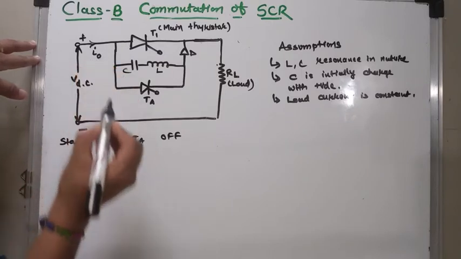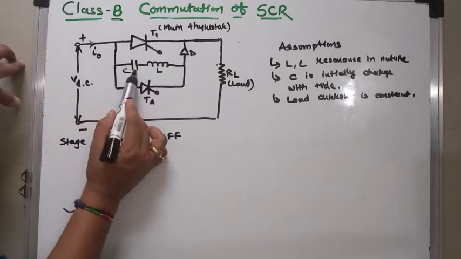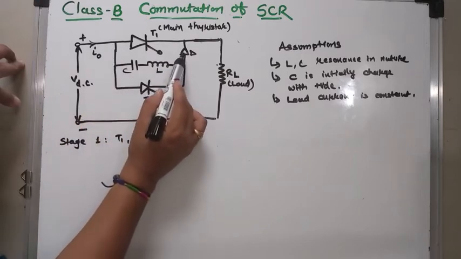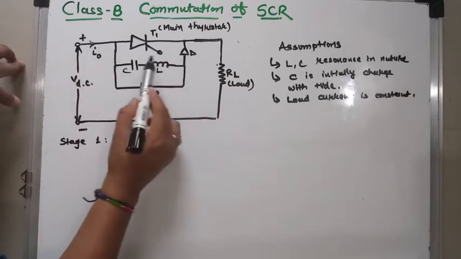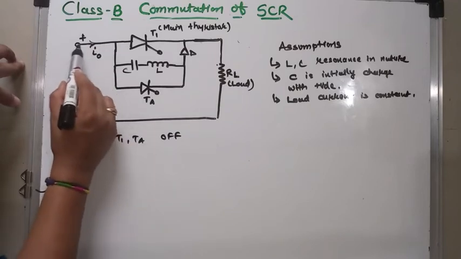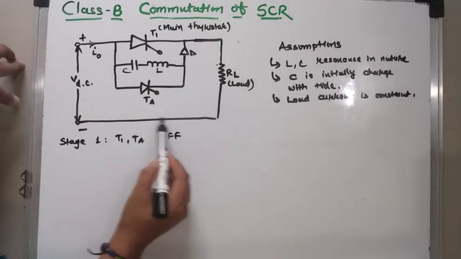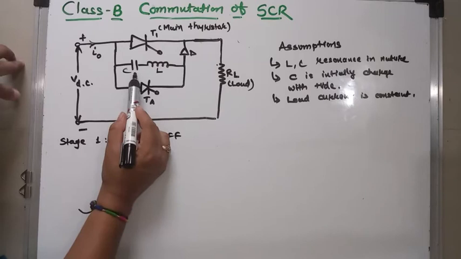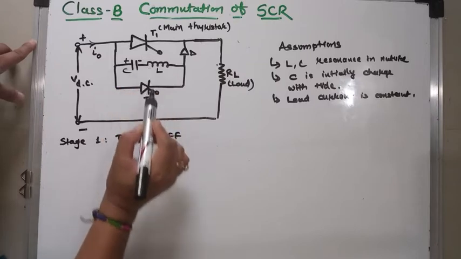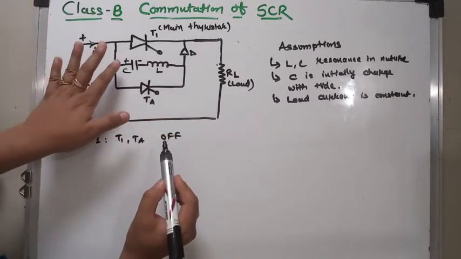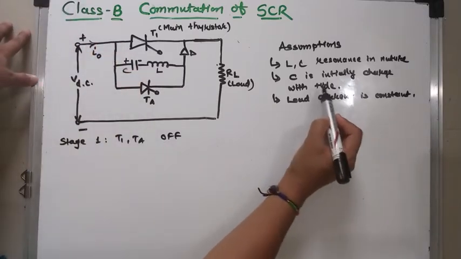If I say the current is I0, then current flows from positive through capacitor, through inductor L, through the diode, as the diode anode is getting positive, so the diode is forward biased. Current flows through the capacitor, inductor, diode, RL, to the negative. The capacitor is initially charged with the left hand side positive with respect to the right hand side plate, so this assumption is now correct.